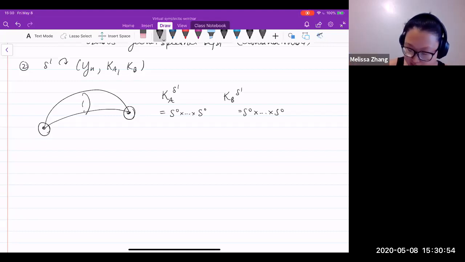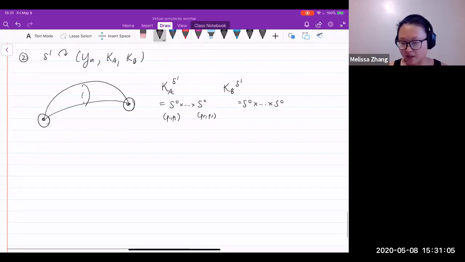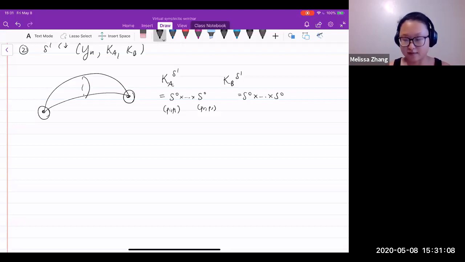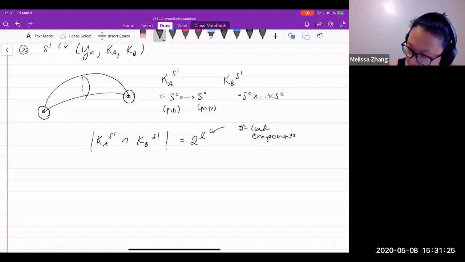So this might be a pair p_i, p_j, and then this might be a pair p_r, p_s, or something like this. If you think about it this way and keep track of everything, it will be clear in less than 5 minutes that if you take these very discrete sets and intersect them, the size is going to be 2 to the L, where L is the number of link components of your diagram. And this is purely because of the combinatorics; you just compute and you'll see it.